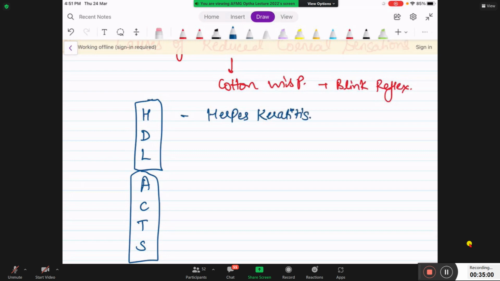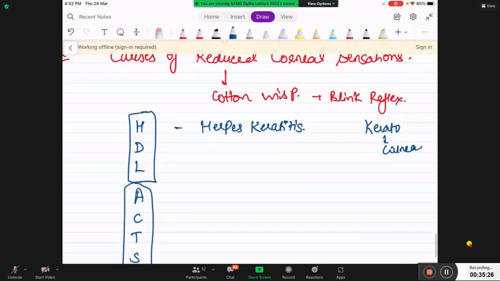Kerato means cornea in ophthalmology, wherever you study kerato, and itis means inflammation, right? So inflammation of cornea is called keratitis. So H stands for herpetic keratitis. First differential diagnosis is herpetic keratitis.